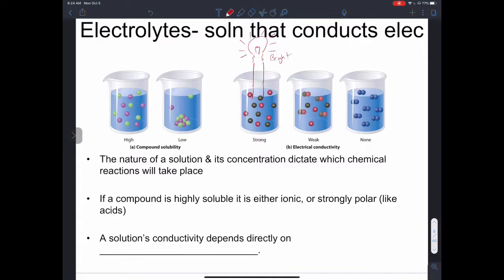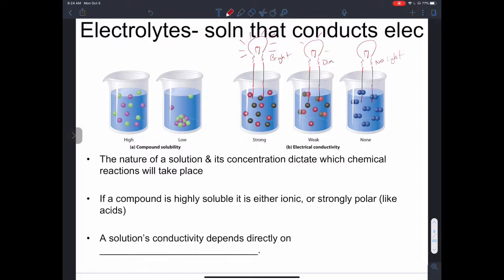But if you put that same light bulb into a weak or non-electrolyte, right, it either glowed more dimly or not at all. And that's what we mean by an electrolyte.